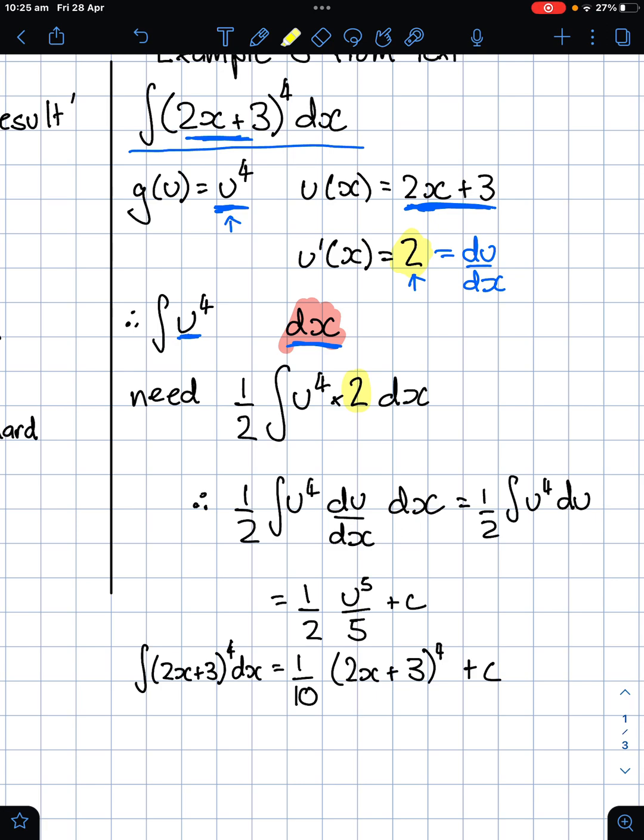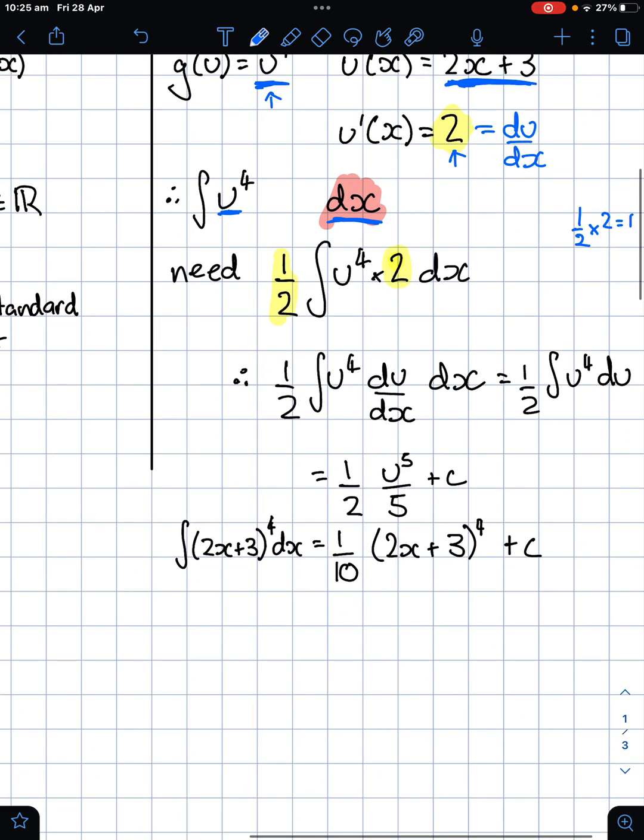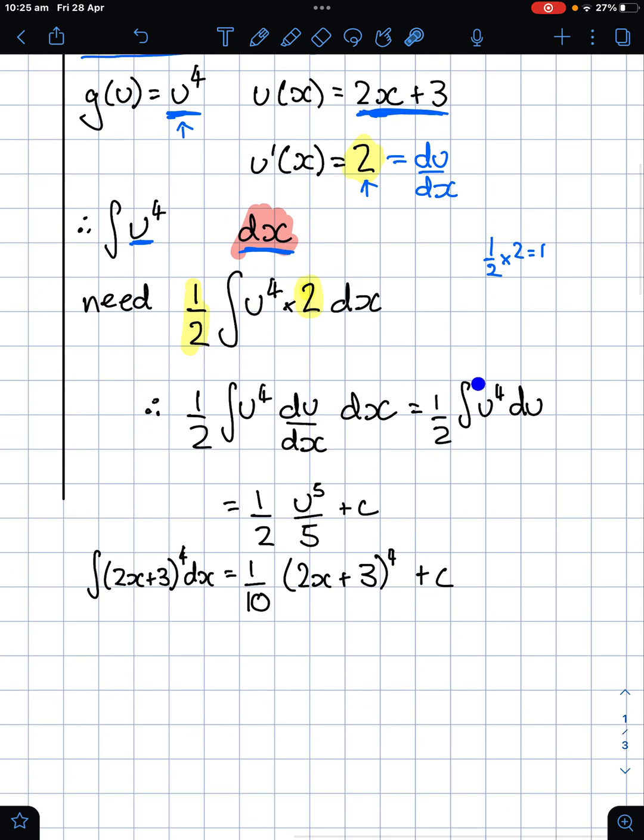For me to have the 2 added into this function, I need to multiply it by the constant a half. So this half times 2 gives us 1. It's not changing anything. Now, because I've got that in there, I can swap this 2 out for du/dx, and that becomes half the integral of u to the power of 4 du.